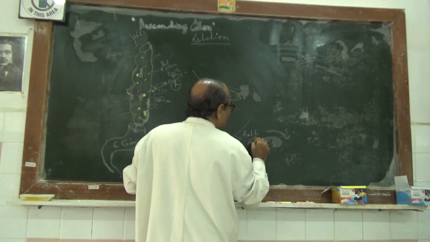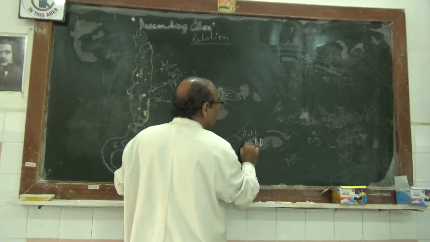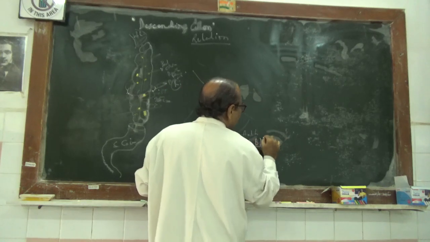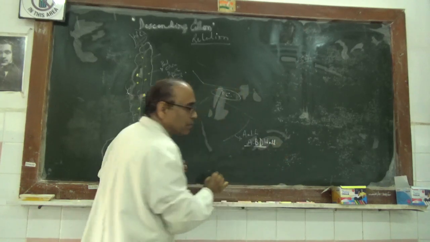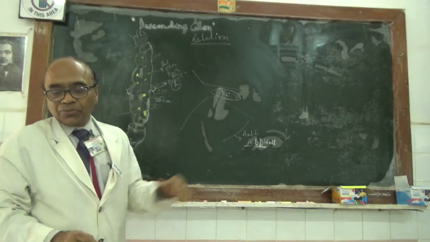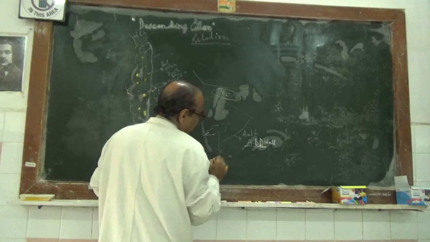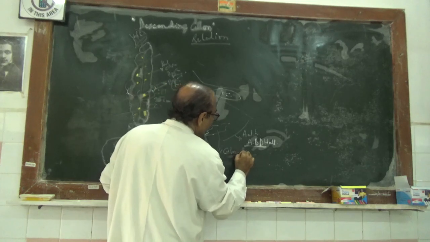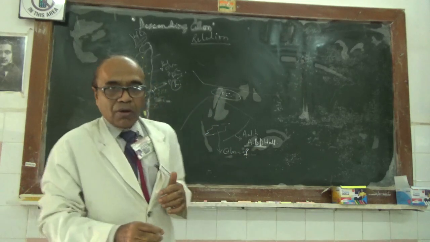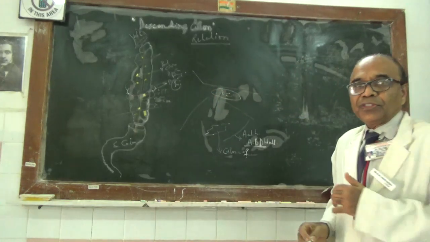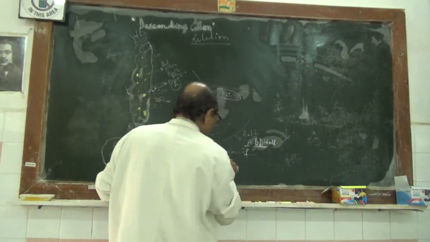the anterolateral abdominal wall, which has already been taught. And then you will have coils of jejunum.